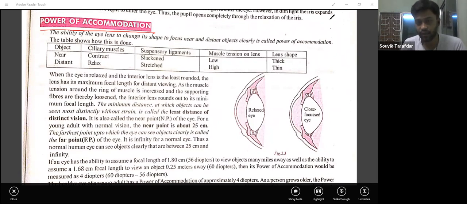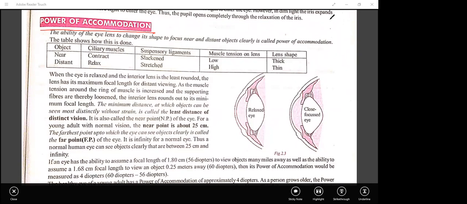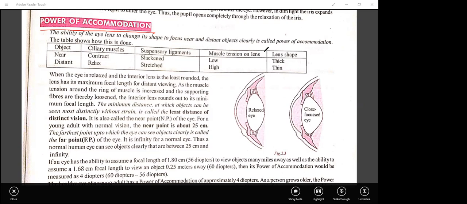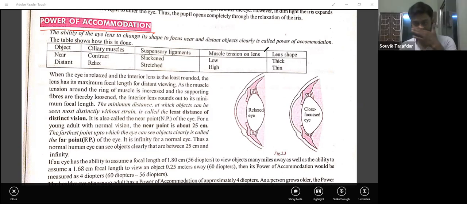When does it need to be bulged or thick, in case of watching a nearer object or a far object? In case of a far object, thick or thin? Thick? No, wrong. For a far object, thin.